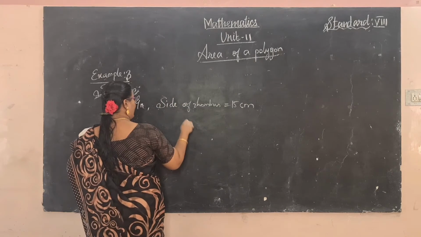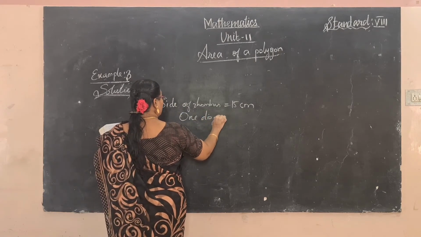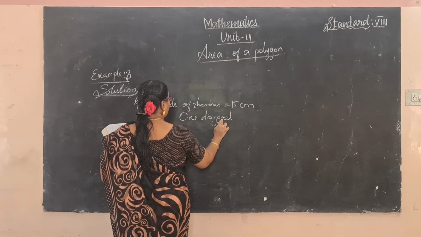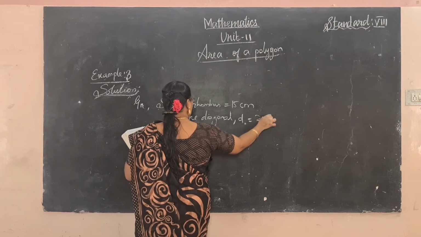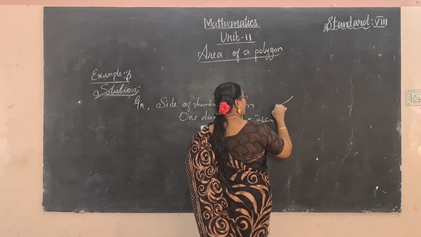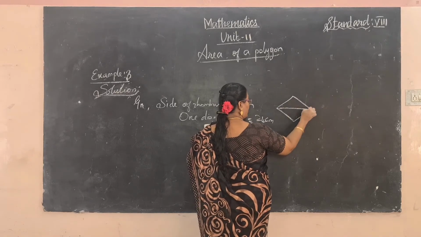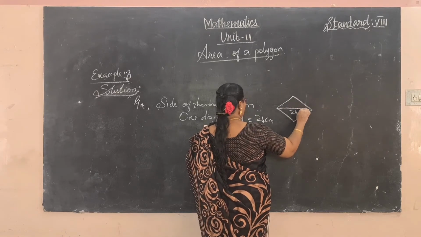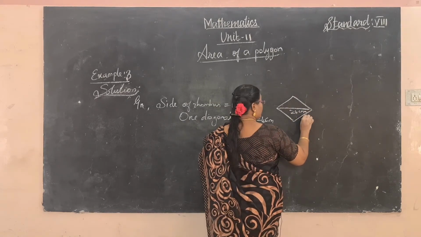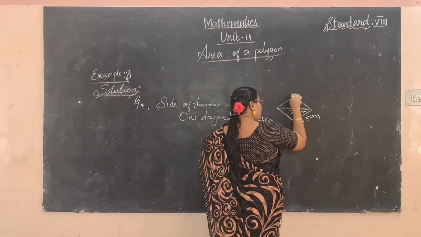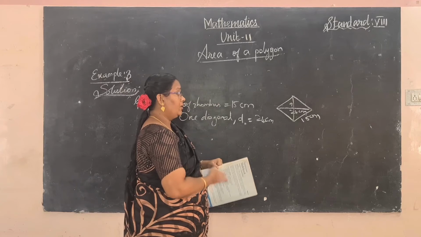One diagonal d1 is equal to 24 centimeter. So one diagonal value is 24 centimeter and one side is 15 centimeter. We need the other diagonal.